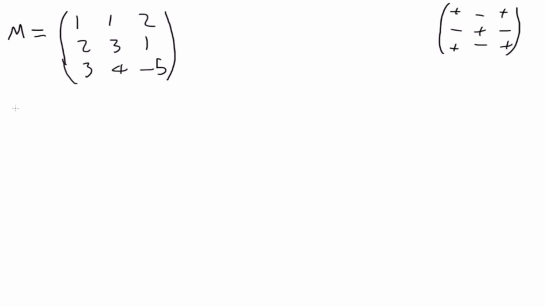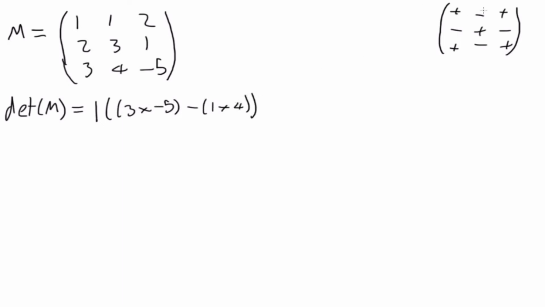It'll make more sense as we go. You should be using this video if you already know this, because I'm just going to go through it. If you want to pause the video and have a go, then we can work through it together. The way to do it is 1 times the determinant of this, which is 3 times minus 5 minus 1 times 4.